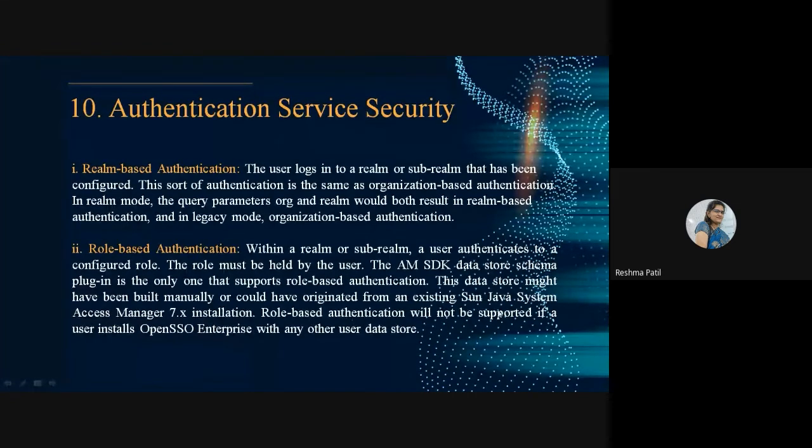Role-based authentication will not be supported if a user installs OpenSSO Enterprise with any other user data store. If you are using any other user data store, then it will not support. By default, it comes with OpenSSO. Don't use any other data source. You have to use this AM SDK data store.